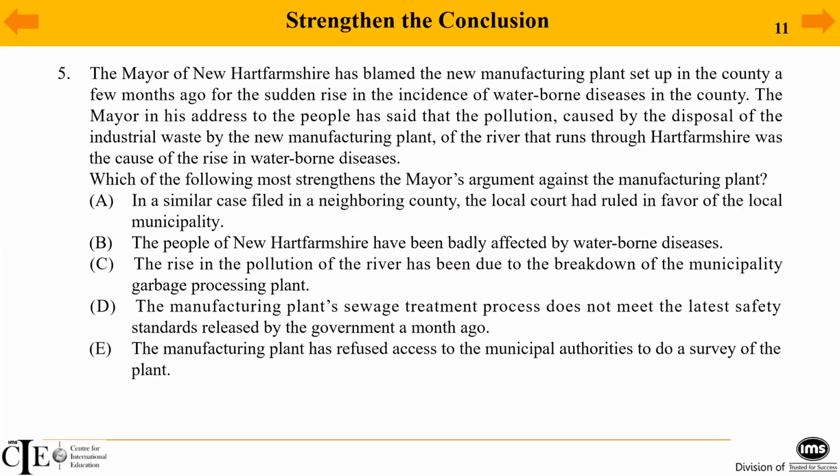Aditya, correct. Abhishek, correct. Ishika, correct. Sarang, correct. Very good.